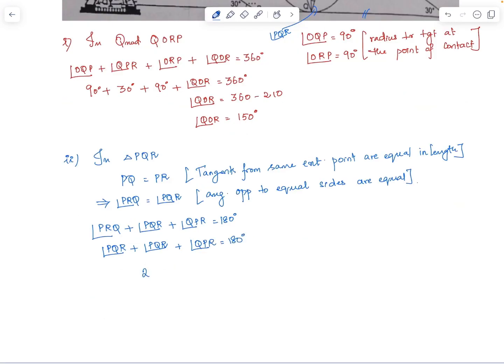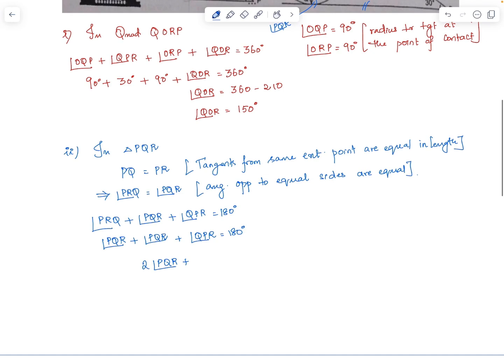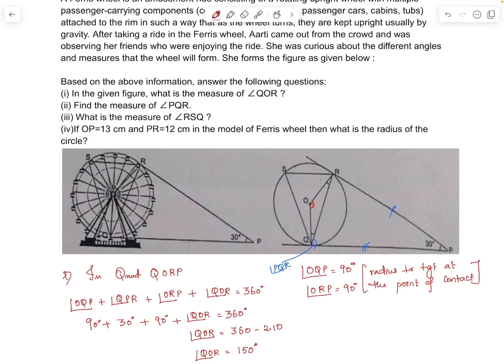Twice angle PQR plus QPR is 180, and QPR is 30 degrees. So angle PQR is 150 by 2, which is 75 degrees. Question 3. What is the measure of angle RSQ?